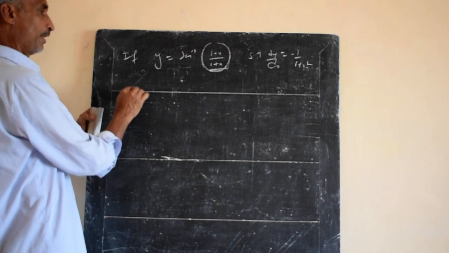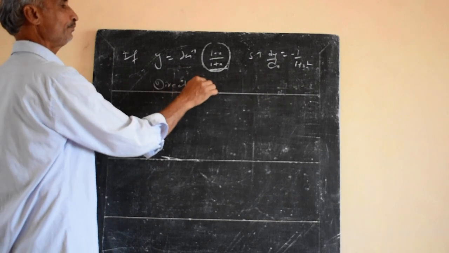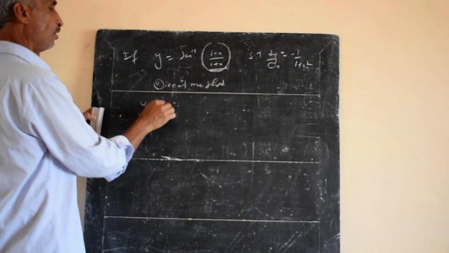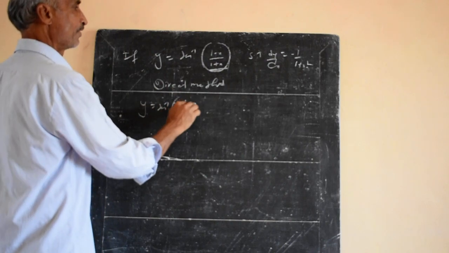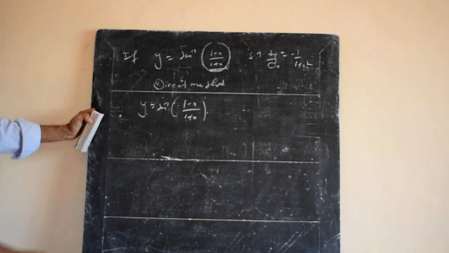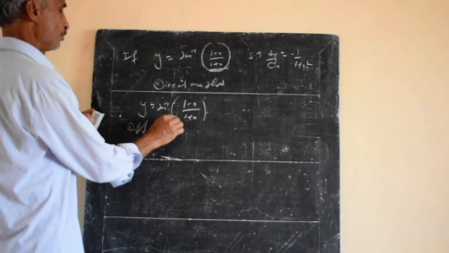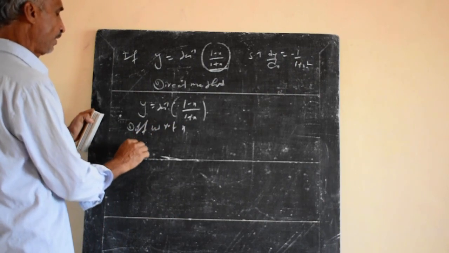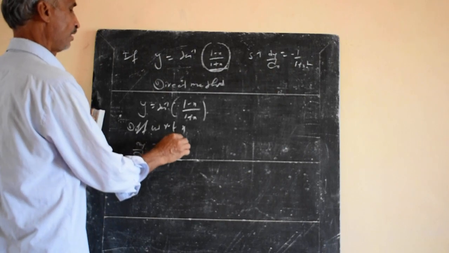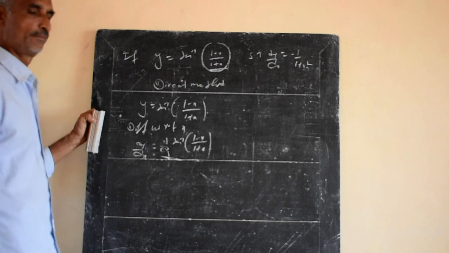Okay, the first one I will do by direct method. y equals to tan inverse of (1 minus x) upon (1 plus x). Differentiating with respect to x, dy by dx is equals to d by dx of tan inverse of (1 minus x) upon (1 plus x).